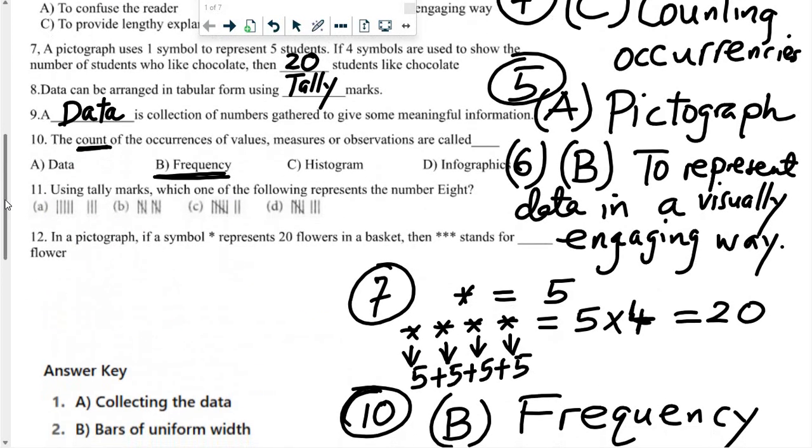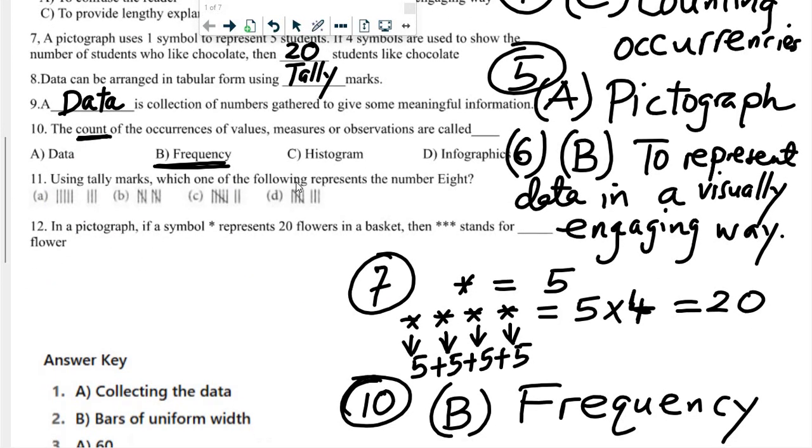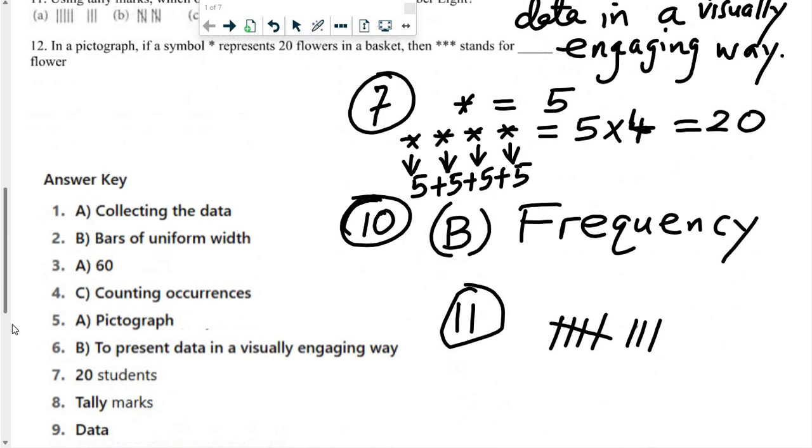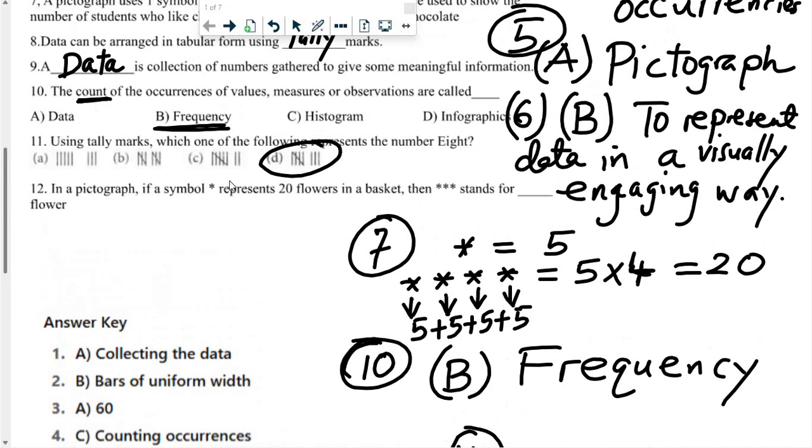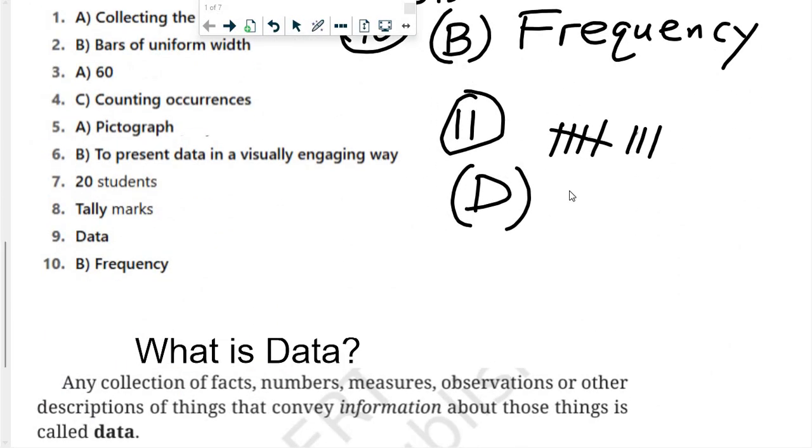So which option is correct? Option D is the correct answer. So you write option D in capital letter, and then copy what you see here. A bundle of 5 and 3 will mean 8.